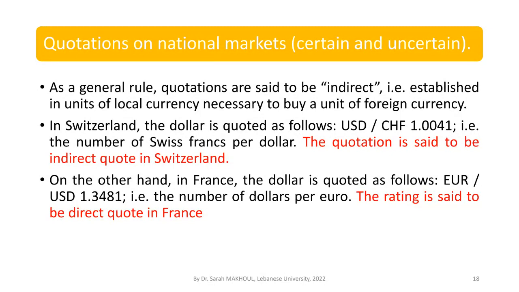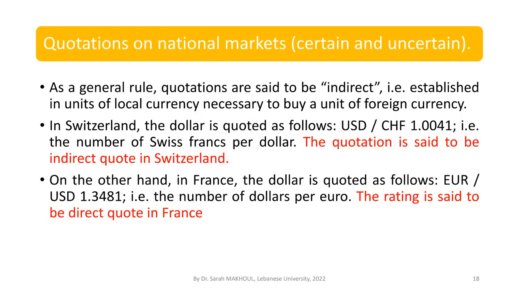For example, if you are in Switzerland, the dollar is quoted as follows: one US dollar against 1.0041 Swiss francs, the number of Swiss francs per dollar. This quotation is said to be an indirect quotation in Switzerland.